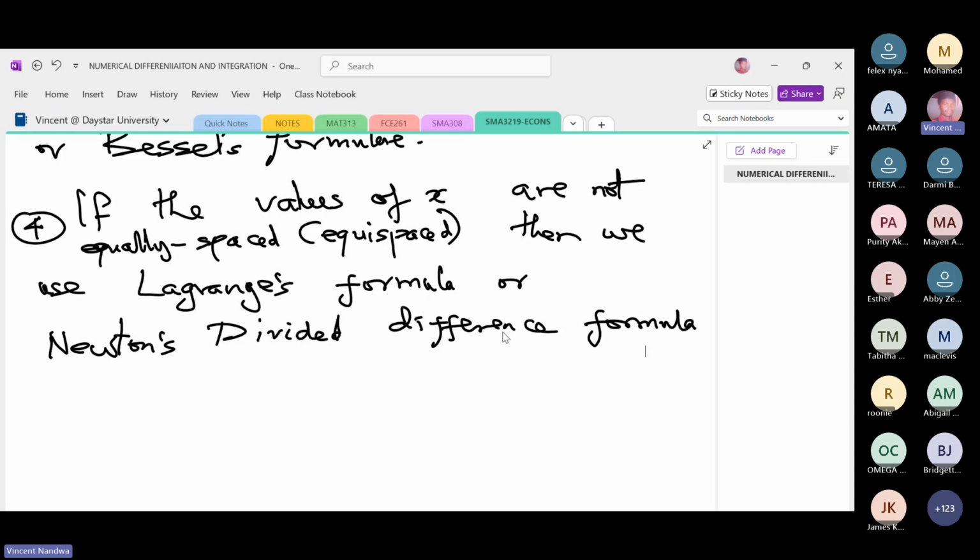So I will demonstrate how we derive the numerical differentiation formulas based on the Newton forward difference formula. And once we have discussed that, you should be able to apply the same derivations for other numerical differentiation formulas based on the different methods of interpolation discussed earlier.